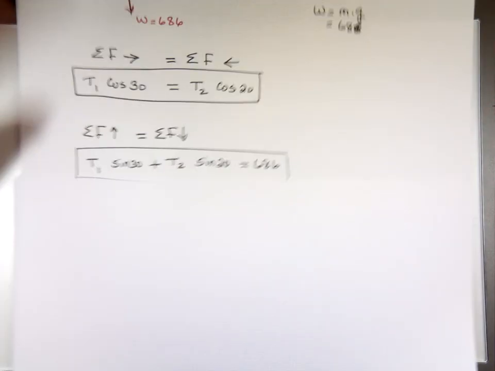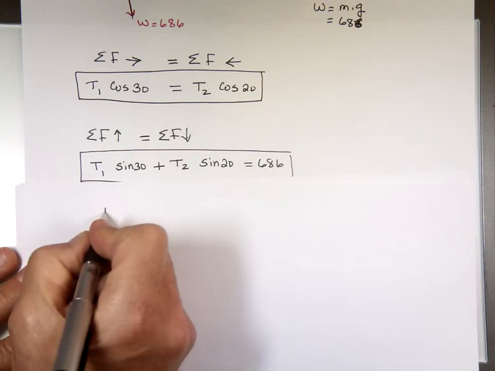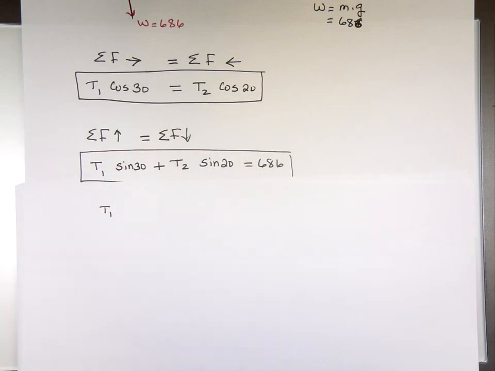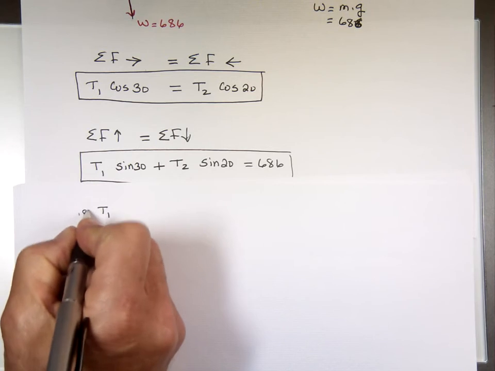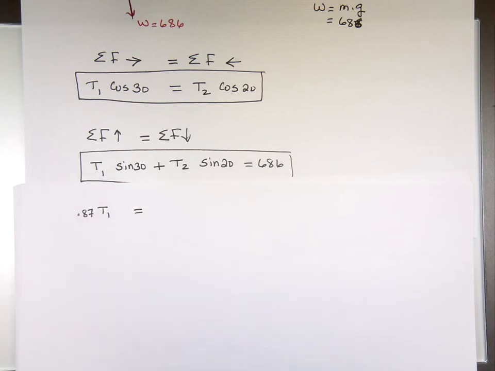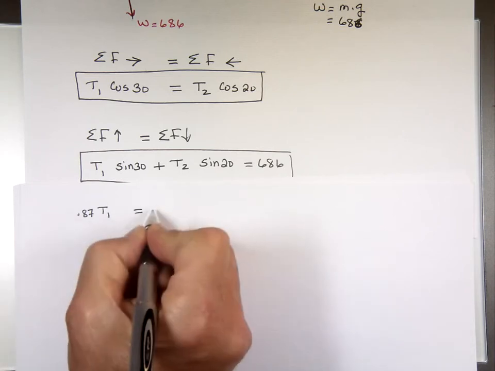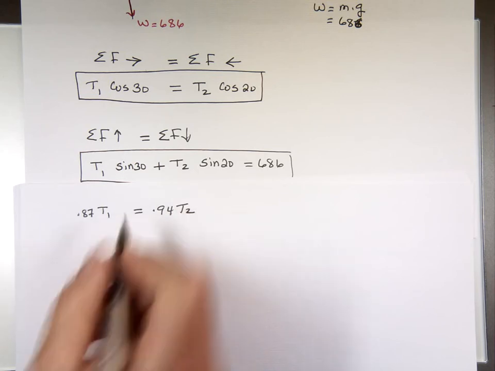We know what cosine of 30 is, we know what cosine of 20 is. T1 cosine of 30 is what? 0.87. 0.87 T1 equals, what's cosine of 20? 0.94 T2. Can I solve for T1?